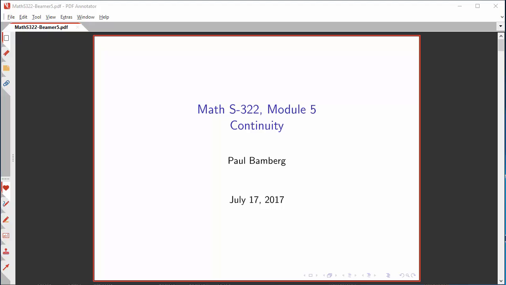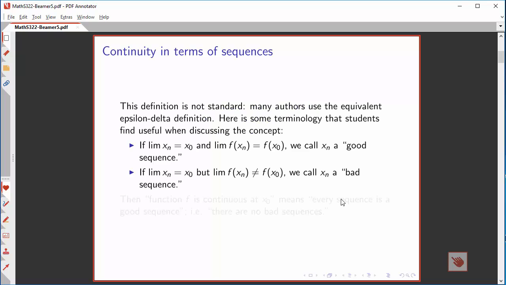The topic for today is continuity. Now the definition that Ross uses is quite possibly not the one that you may have used in teaching AP Calculus.